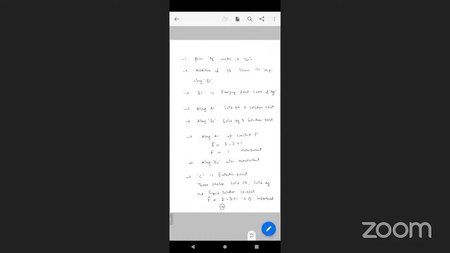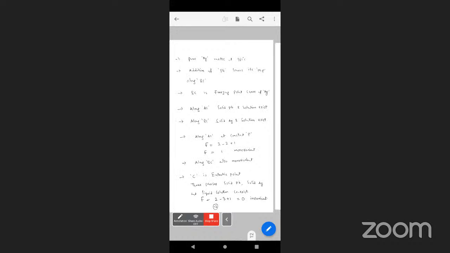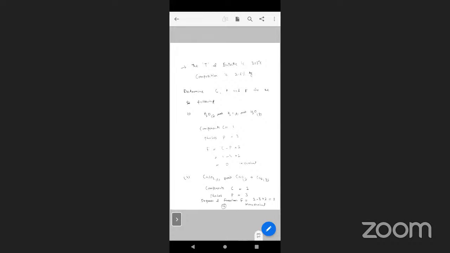At this point, F equal to 0, which is invariant. The temperature of eutectic is 303 degrees Celsius. The composition is 2.6% of silver.